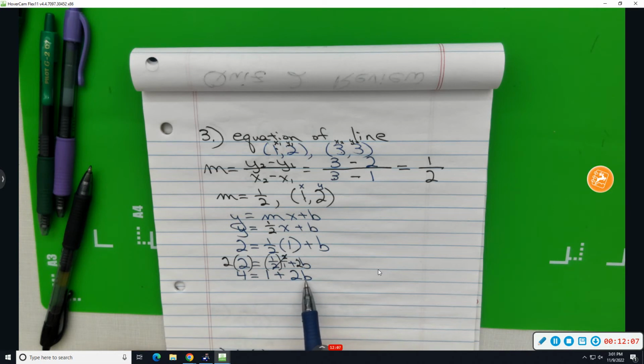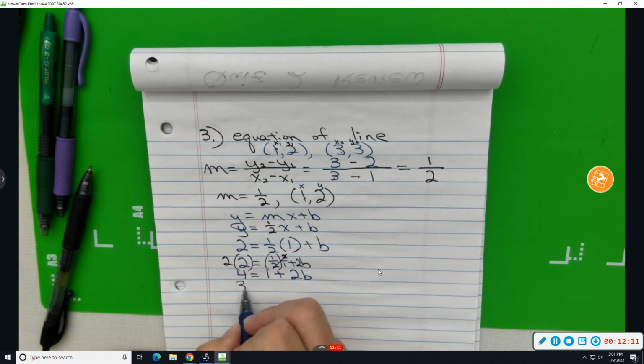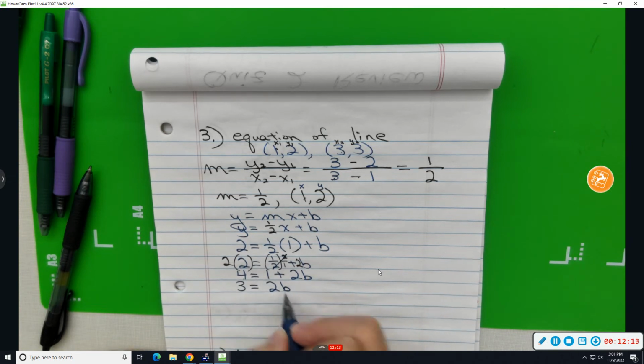Now it's a simple matter of solving for b. Subtract 1. 4 minus 1 says 3 is equal to 2b. And then what do we do? Divide by 2 to give me b equals 3 over 2.